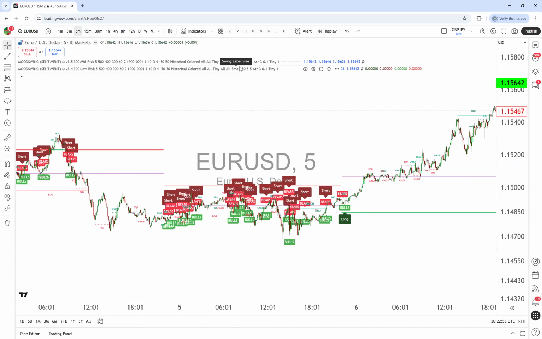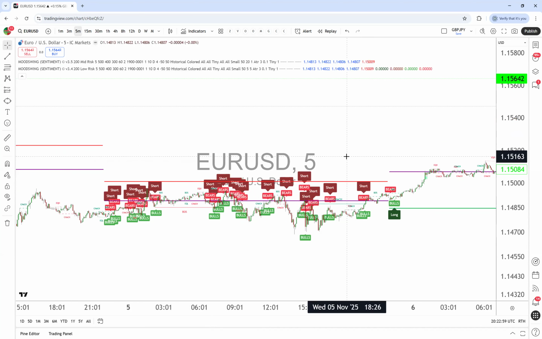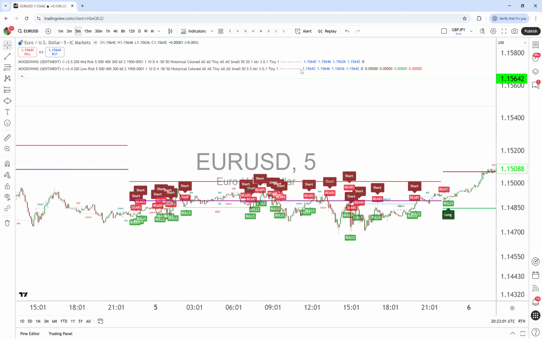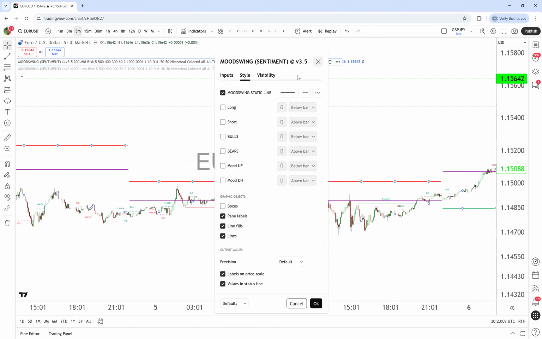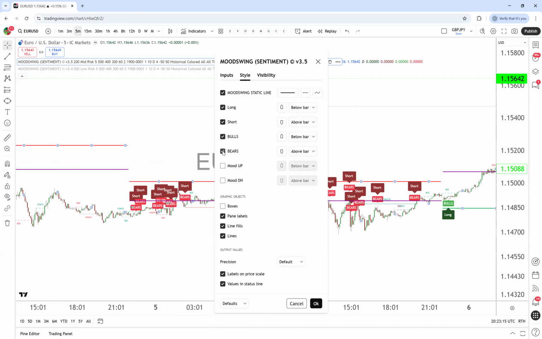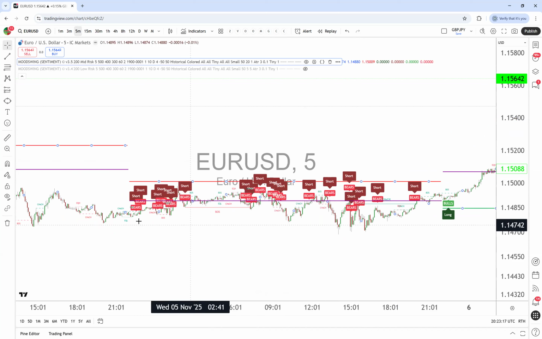Now, with mood swing version 3.5, this is a perfect example, actually. If I switch this off, mood swing version 4, and I turn on mood swing version 3.5, and I just put on the longs, shorts, bulls, bears, you would notice here now that there's no bulls coming into the market, even though it's switched on.